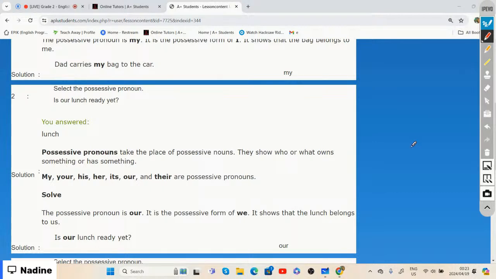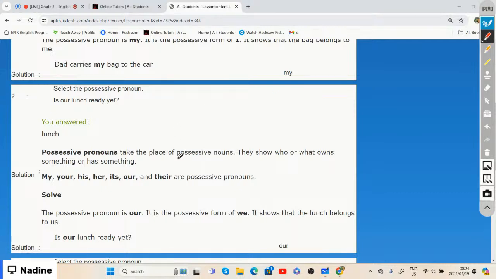Okay, so once again, we are doing possessive pronouns. Pronouns are words that take the place of a noun. Nouns are, for example, your names: Anna, Winnie, Jack, Seth, Samuel.